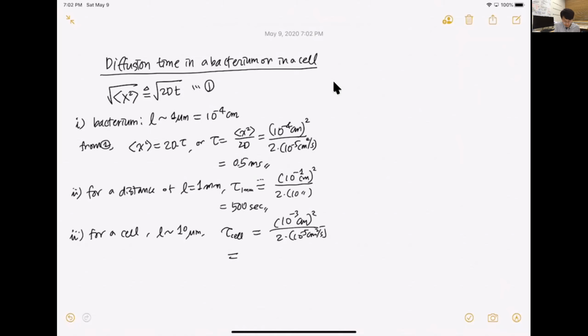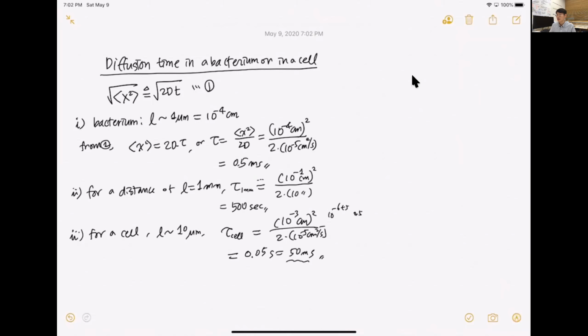This gives 0.5 times 10 to the minus 6 plus 5, so that's 0.05 second, or 50 milliseconds. Which is not bad. So inside the cell, diffusion time is still about 50 milliseconds.